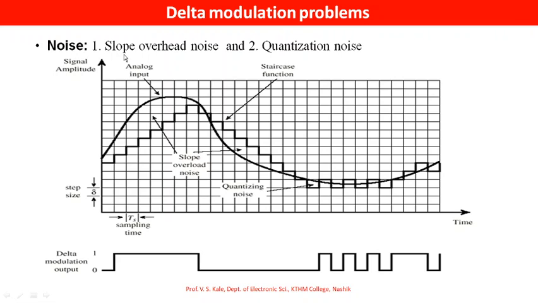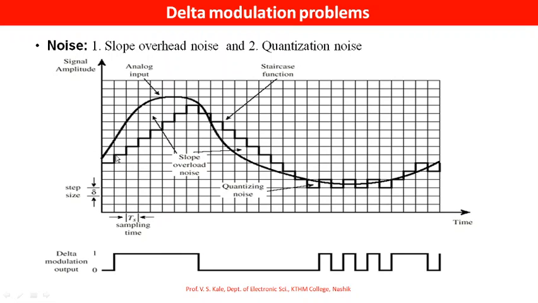There are two problems. One is slope overload noise and second is quantization noise. Now observe the figure. Y-axis is indicating signal amplitude. Here a step size is shown by delta. Signal with respect to time, there is amplitude variation, and this is a staircase generator. Sampling time is denoted by TS.